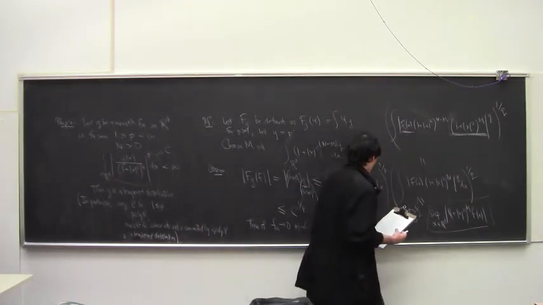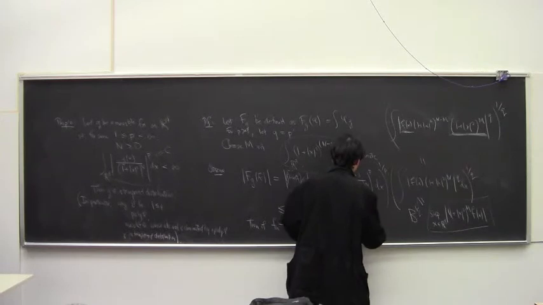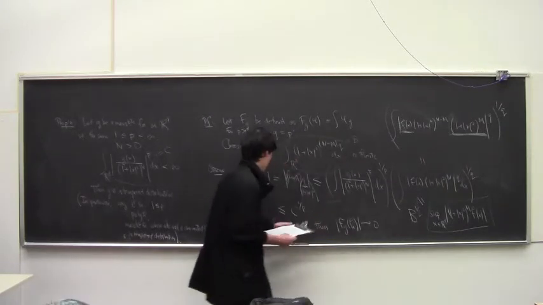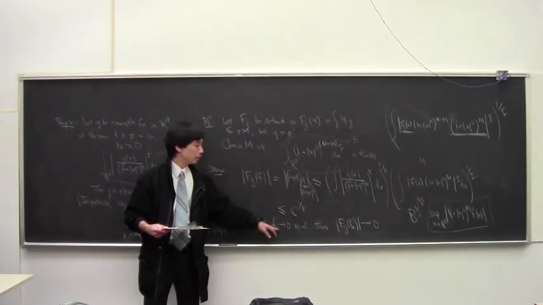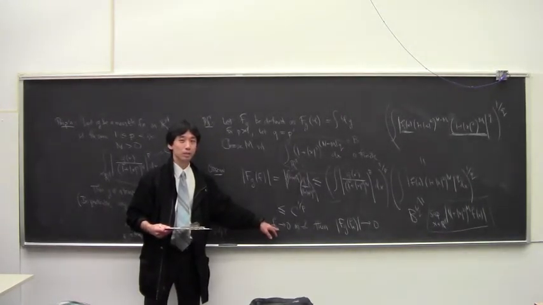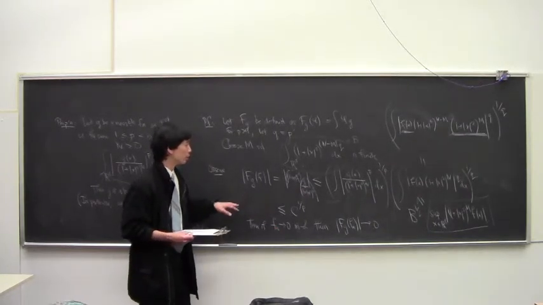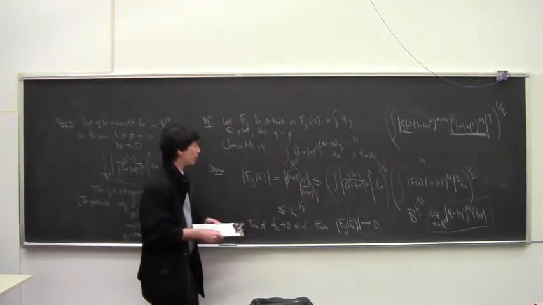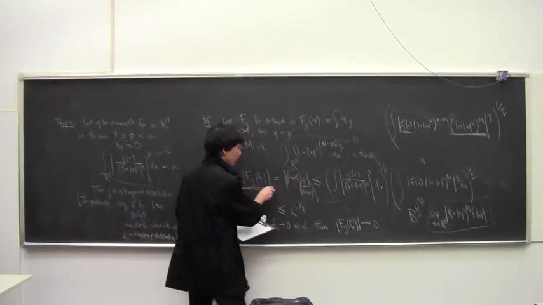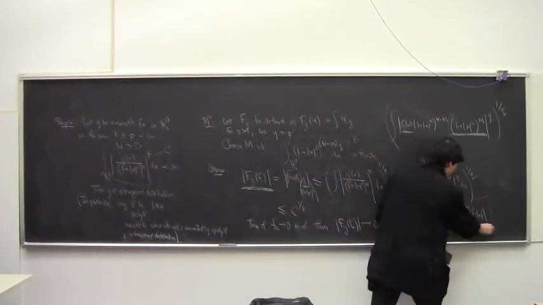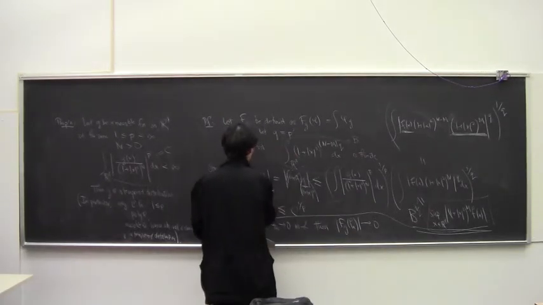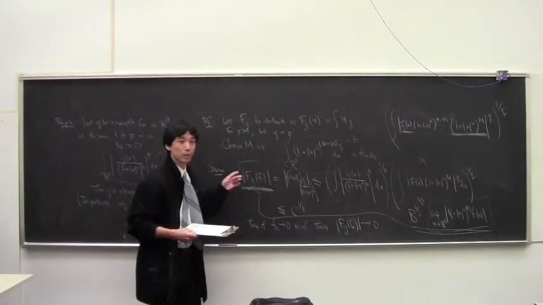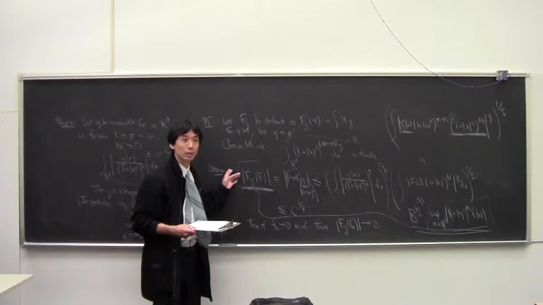So this goes to 0. But what that says is that this distribution respects the S convergence. So the distribution satisfying this inequality makes you into a temperate distribution.